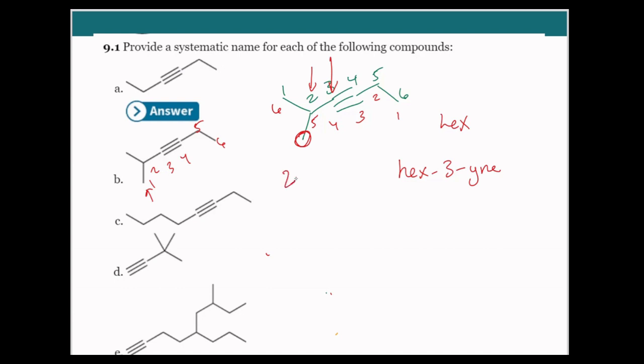Alright, so this would be 2-methylhex-3-yne or 2-methyl-3-hexyne. Okay, so we put hyphens between the numbers and the words, or the numbers and letters. Okay, and then we just assemble the substituents alphabetically. So that was B.